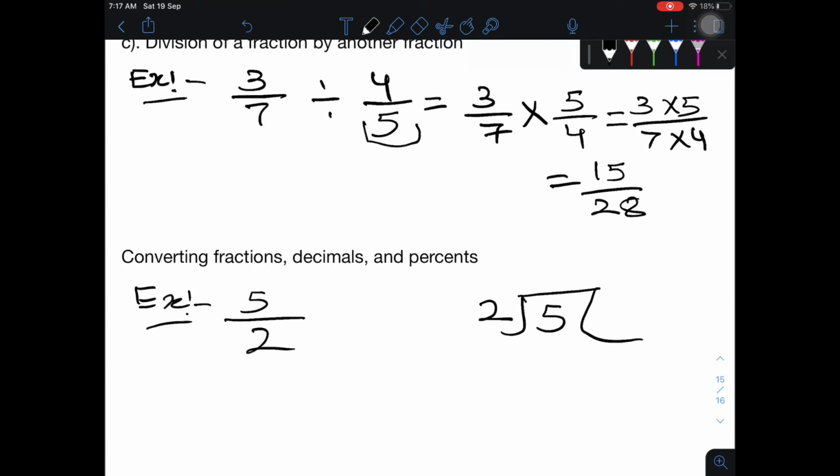The numerator will be the dividend and the denominator the divisor. So now do the division. 2 2s are 4, 1 is the remainder. So now take the decimal point and the value becomes 10. 2 5s are 10. So in this way the fraction can be converted into a decimal: 2.5.